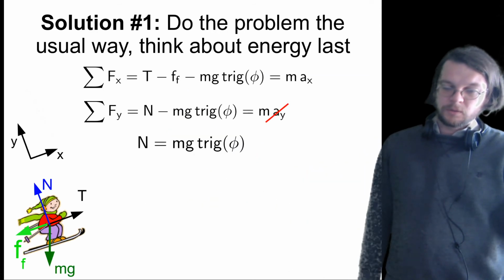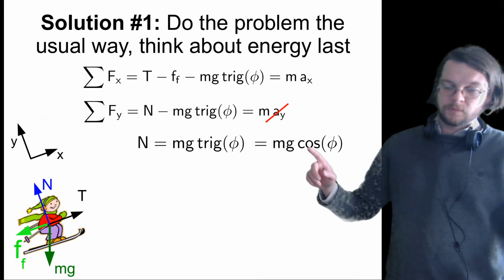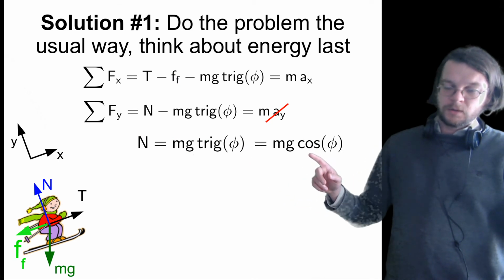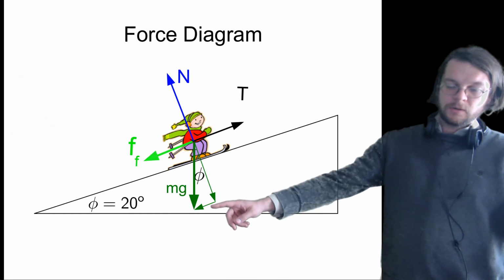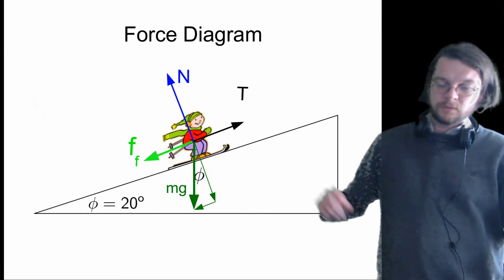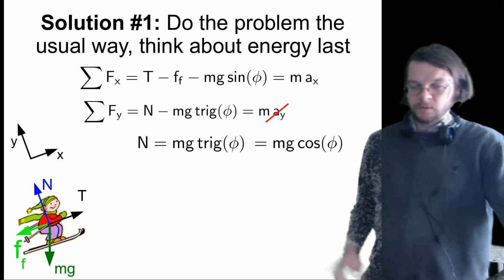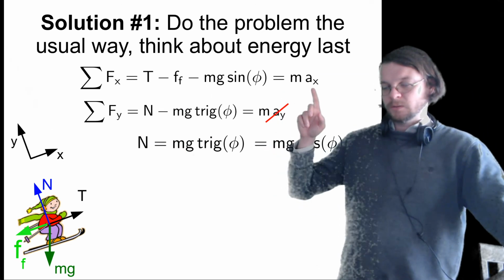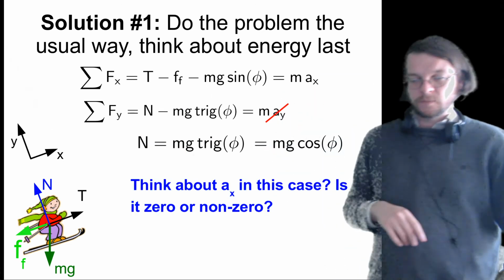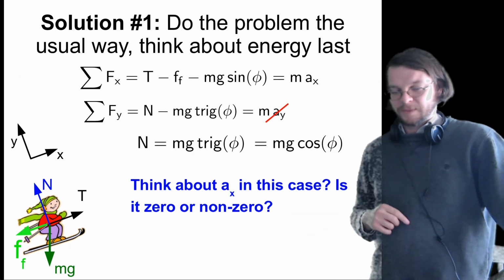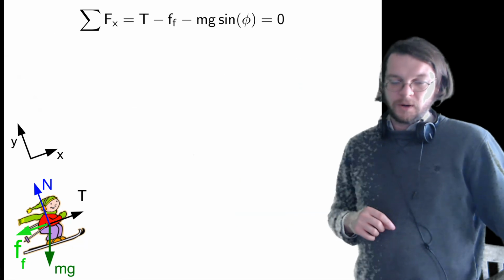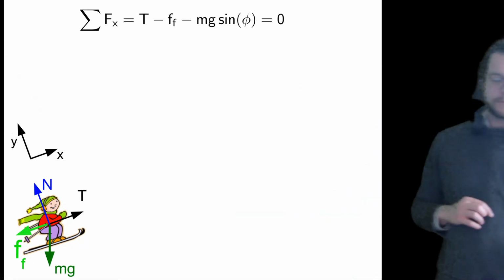So we would expect mg cosine theta, right? And then in the x direction, that's opposite over hypotenuse, so this would have to be a sine. Again, this a sub x should be 0, which we just talked about. Okay, getting ahead of myself. All right, so that's what we've got.